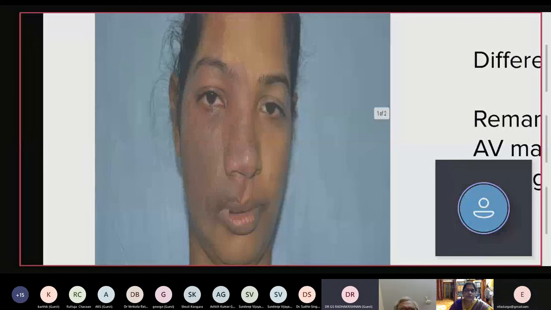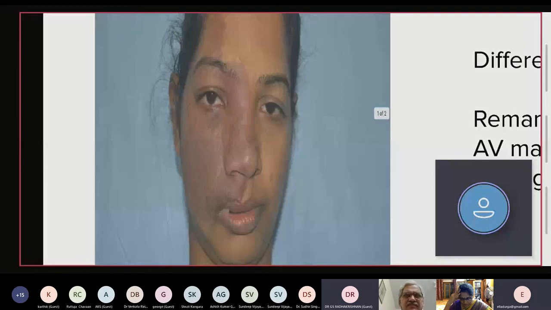What is the mechanism of this laser? Photothermolysis, sir. The dilated capillaries in this lesion contain more erythrocytes.